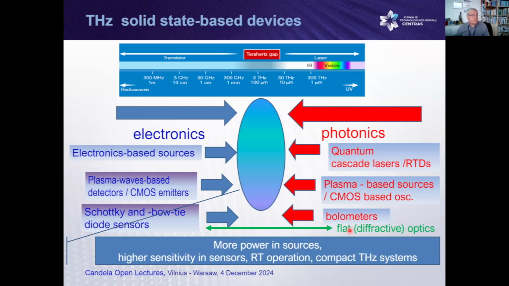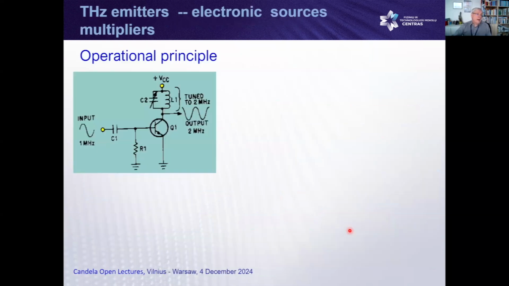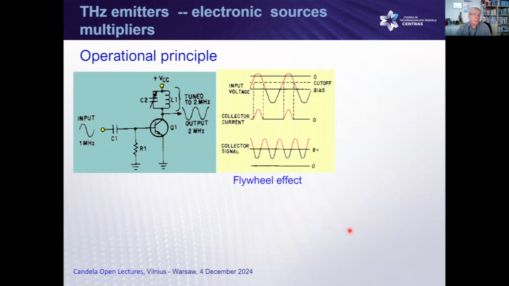So let's go further. Emitters: the main and very popular device is to use electronic emitters. It means multipliers. If you look at a very primitive scheme, in fact, it operates so that I can double frequency. I can have an oscillator circuit in a specific place of the circuit. I can double frequency.